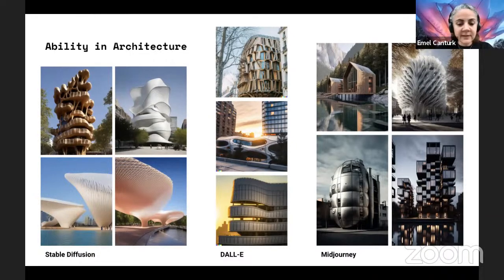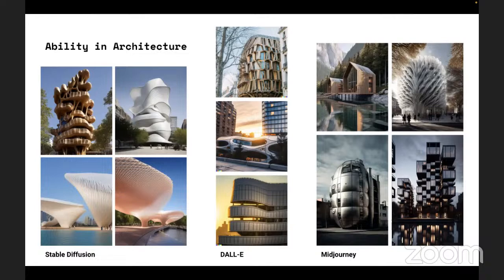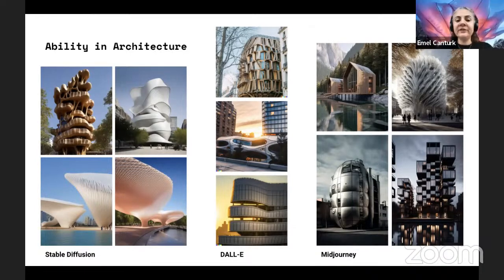And honestly, I don't use DALL-E too much for architectural creation because I think it's not as good as Midjourney, and also it doesn't give any control to the user. I will show you, DALL-E has a really basic interface on the internet, and you can only just type the prompt.